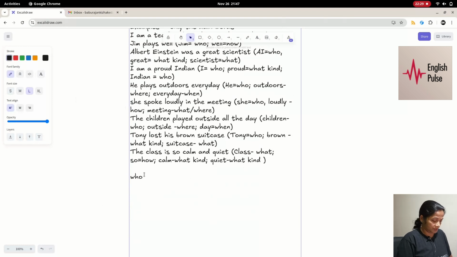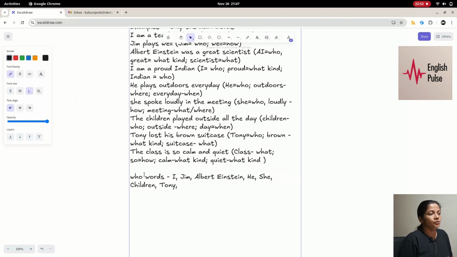What are the who words that we saw in these examples? I, then Jim, Albert Einstein, he, she, children, Bonnie. These are who words.